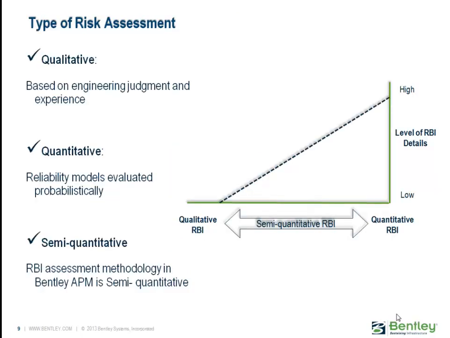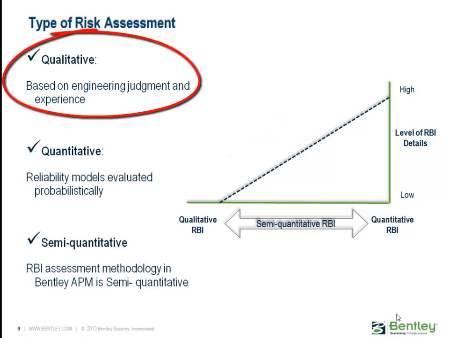Risk assessment methods can be quantitative, qualitative, or semi-quantitative. The level of detail in RBI assessment increases as the method moves from being qualitative to quantitative. A qualitative risk analysis primarily relies on engineering judgment and experience as the basis for determining the probabilities and consequences of failures.